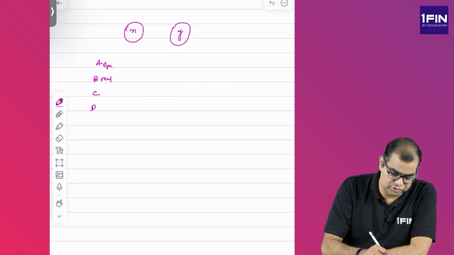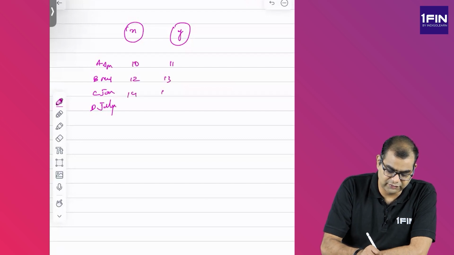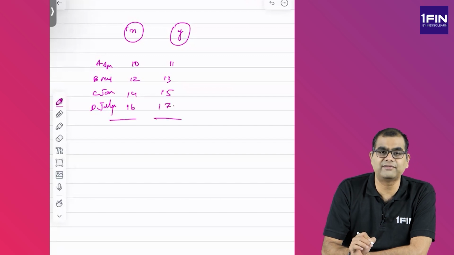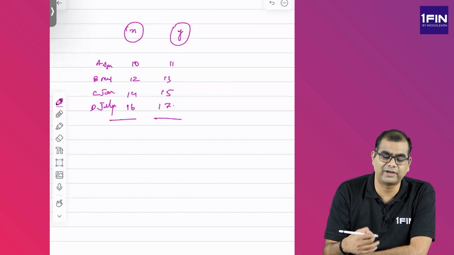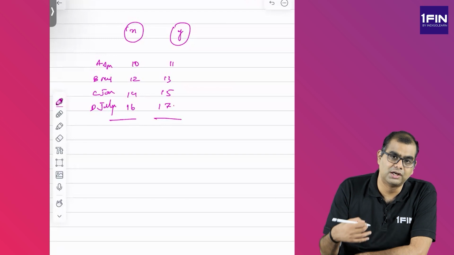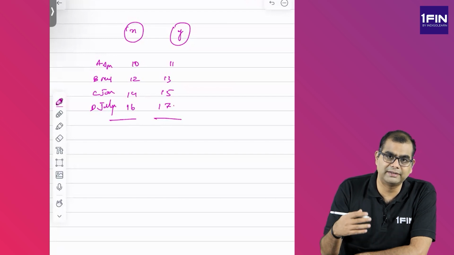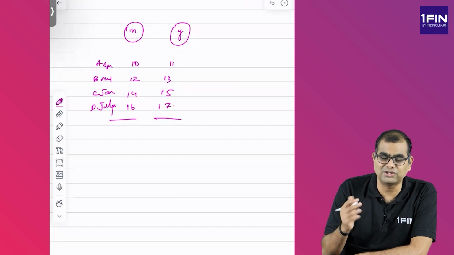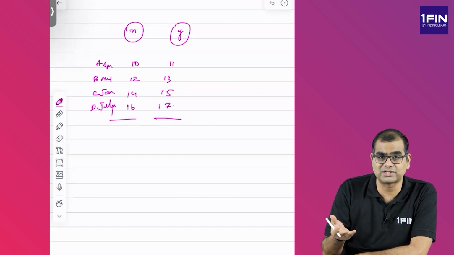Okay, for 4 months I've given you these data points: 10, 11, 12, 13, 14, 15, 16, 17. Now, between this x and y, we can now figure out an equation, figure out the mean, variance, standard deviation, sample variance, sample standard deviation and a correlation, a bunch of other things.